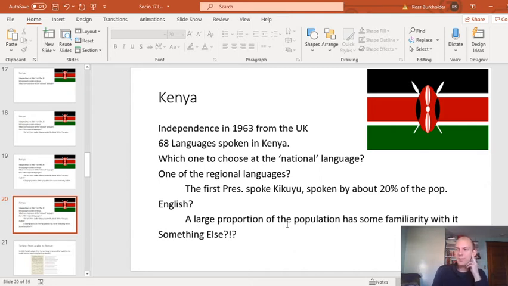One of the reasons I want to present Kenya and post-colonial Africa in general is to highlight the differences in linguistic ideology going on here versus going on in the United States. There isn't this one nation, one language push going on in a country that has 68 regional languages, right? It's just not the same situation, and it doesn't carry with it the same ideologies.